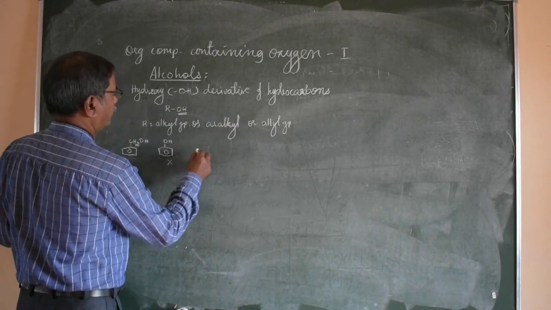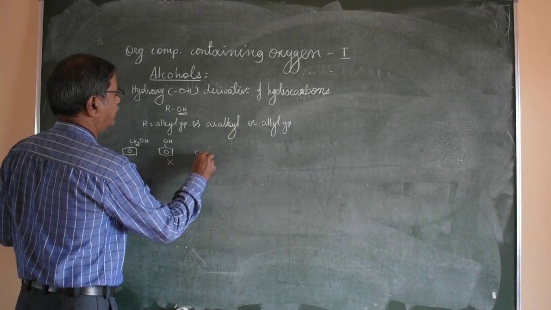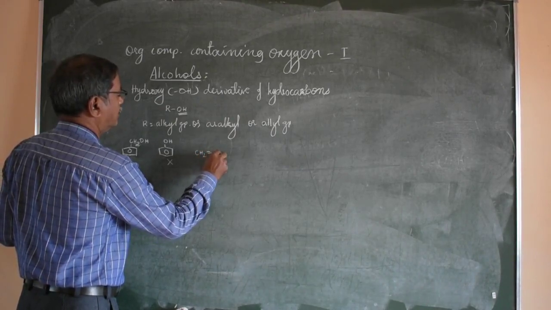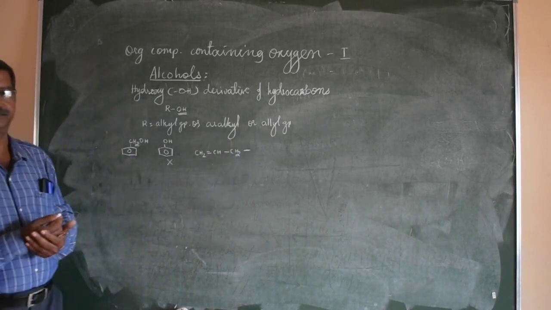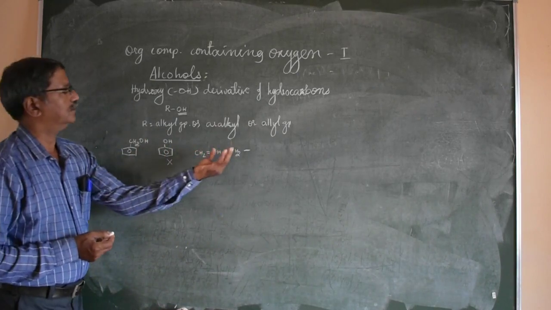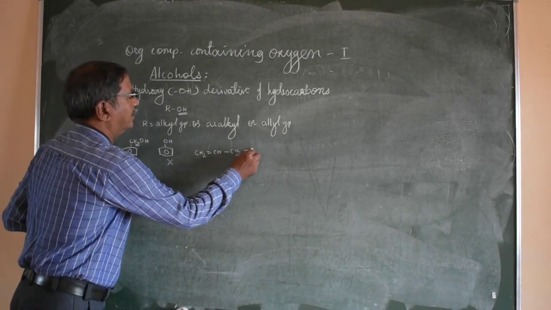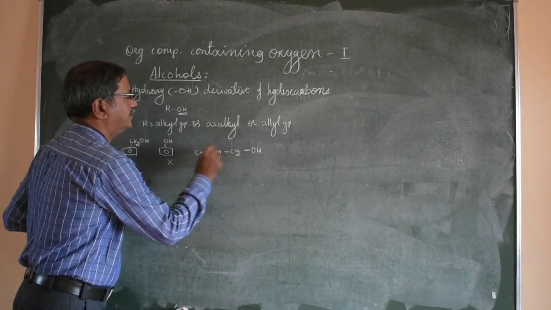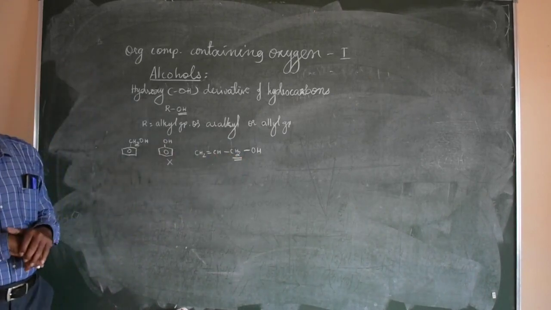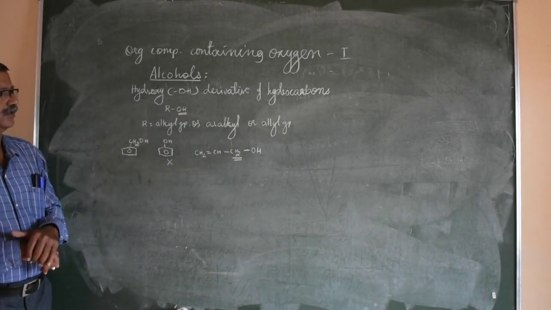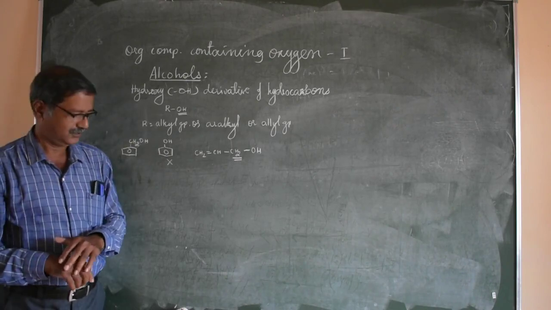Afterwards, the allylic group, CH2=CH-CH2. Here also the OH group is attached to the CH2 group, that is, an aliphatic carbon. So these are called alcohols.